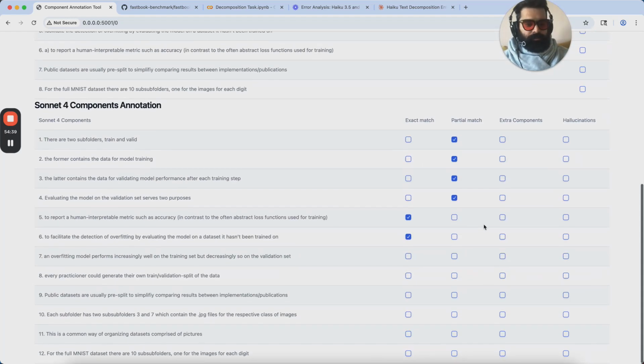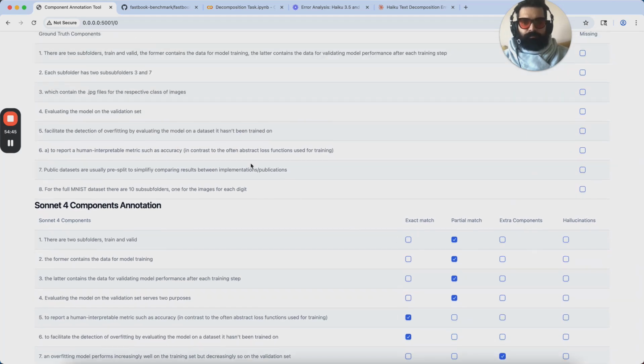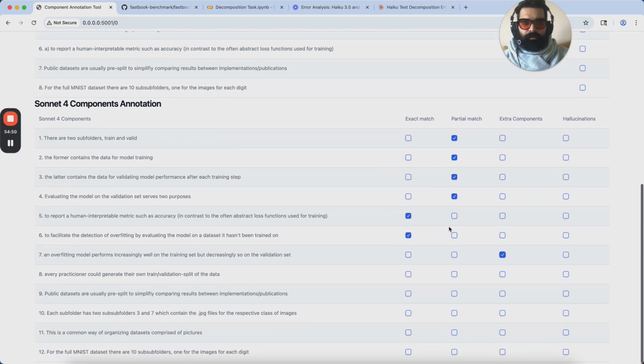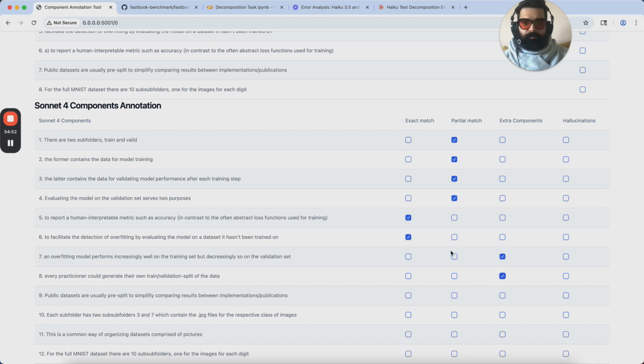So that's interesting. So that's extra. Every practitioner could generate their own. Extra. Public data sets. That seems to be an exact, right?